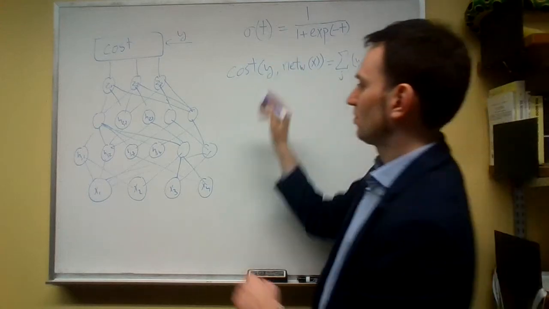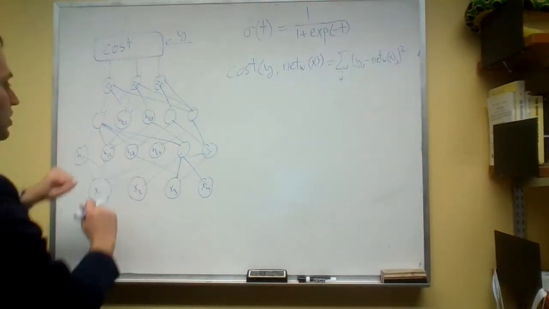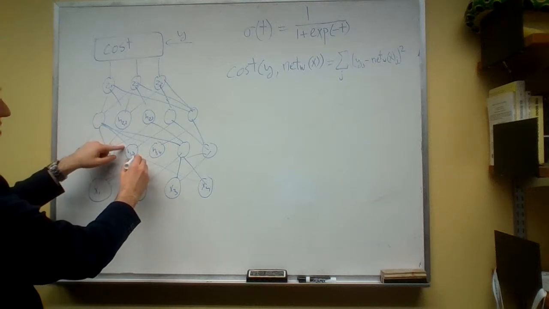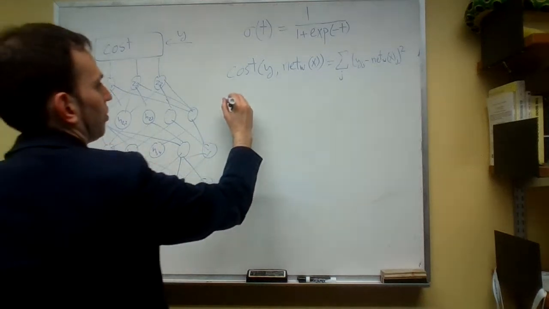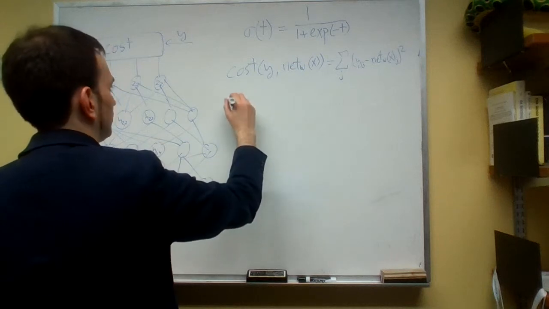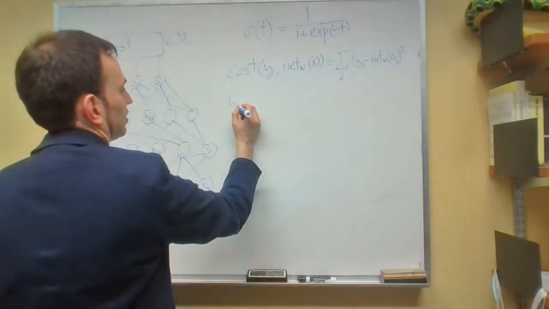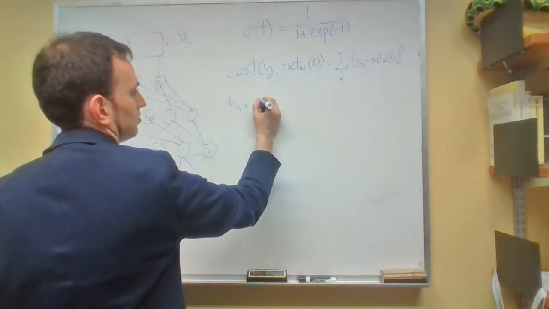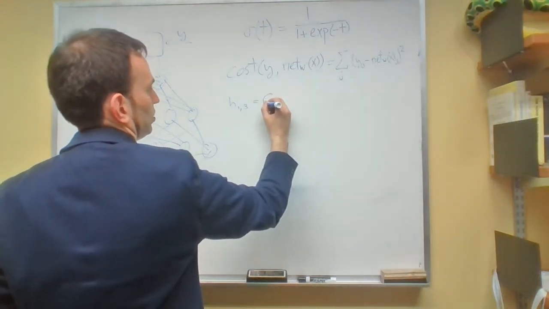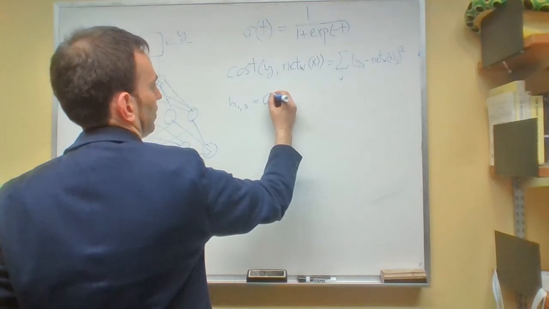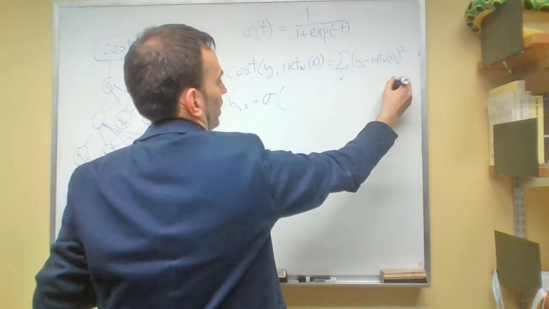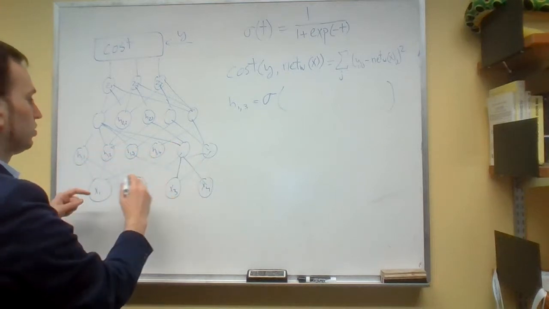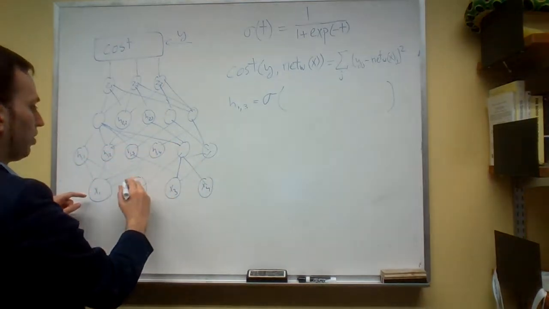And how do I compute this kind of unit? Let's say that you want to compute h13. So h13, for example, is going to look kind of like that. We'll compute h13 by saying that what we want is to compute the sigmoid, so the activation function, of a linear combination of the inputs. So what are the inputs to h13?